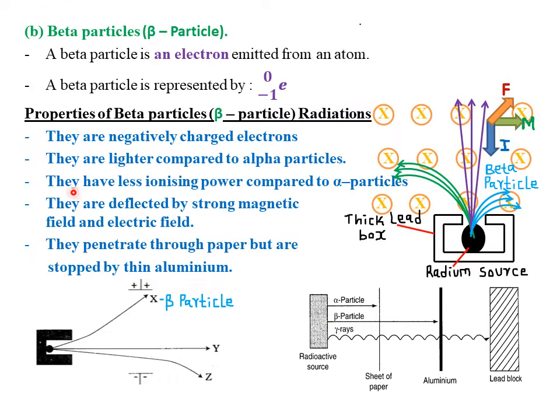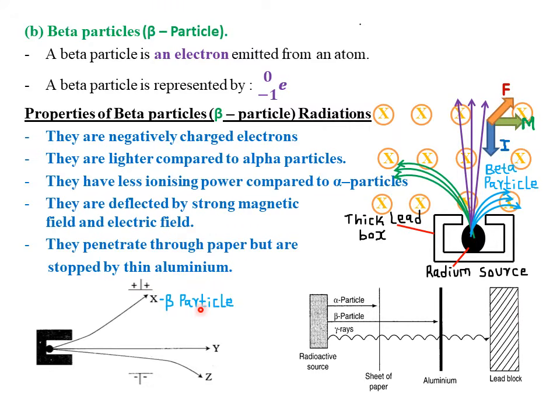Then of course we have said that beta particles are also deflected in a magnetic field. So because beta particles are simply negatively charged, or are simply electrons, they will always be attracted towards the positive terminal. Remember, unlike charges will always attract each other. That is why negative charges, or the beta particles, will always be attracted to the positive terminal of an electric field, because unlike charges attract each other.